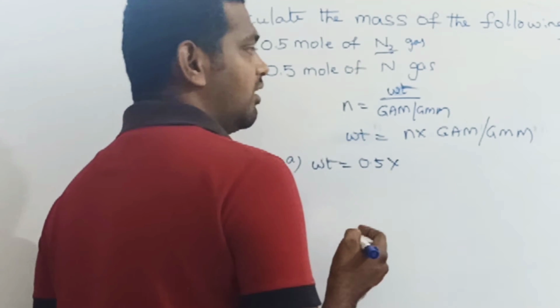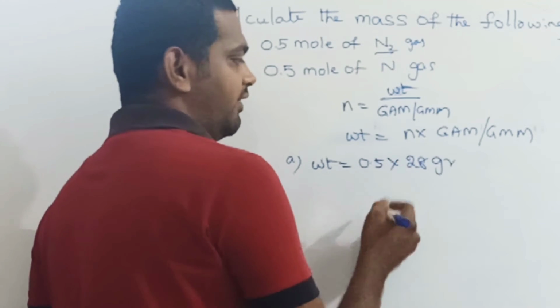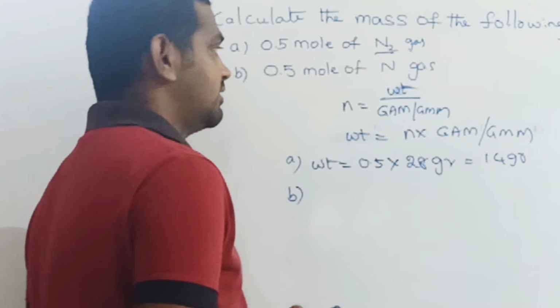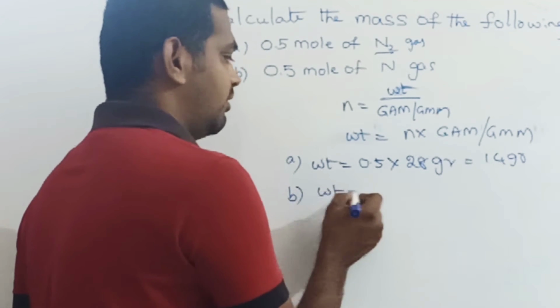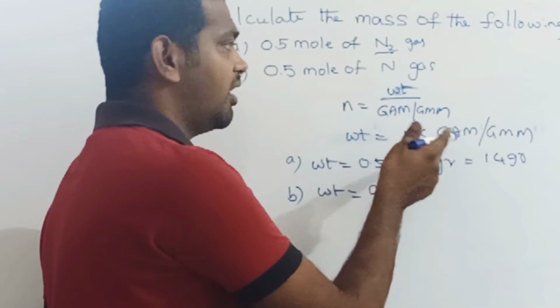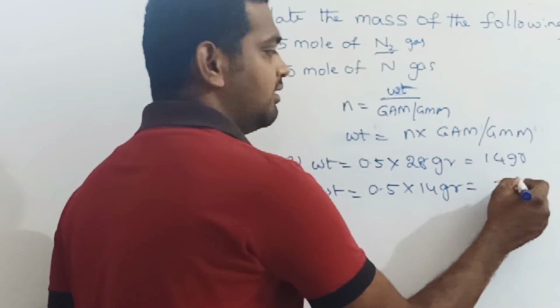What is the gram molecular mass of nitrogen? 28 grams. So half into 28 is 14 grams. Coming to the second question, weight is equal to half mole, 0.5, into the gram atomic mass of nitrogen, which is 14 grams. So here you will get 7 grams.